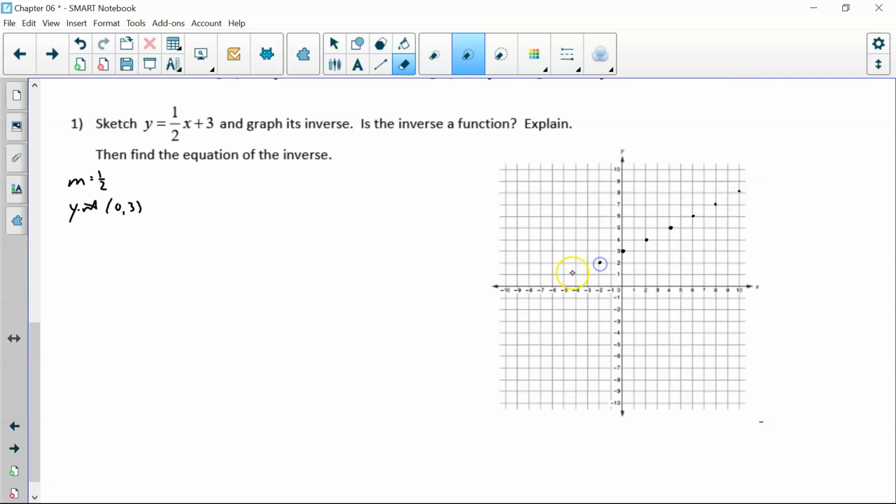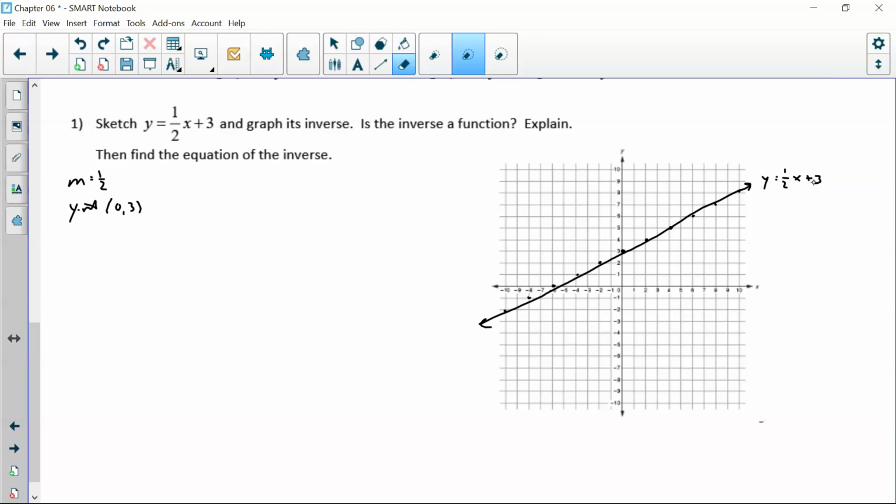We can also go down 1 and to the left 2. And there's our graph of y equals 1/2 x plus 3.